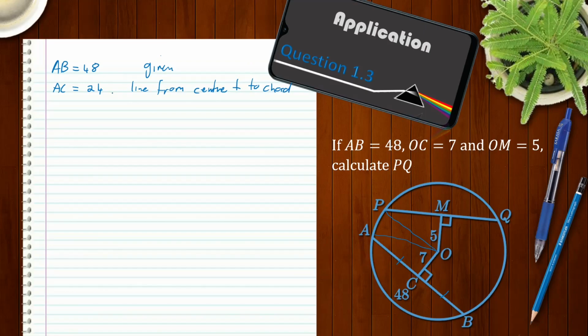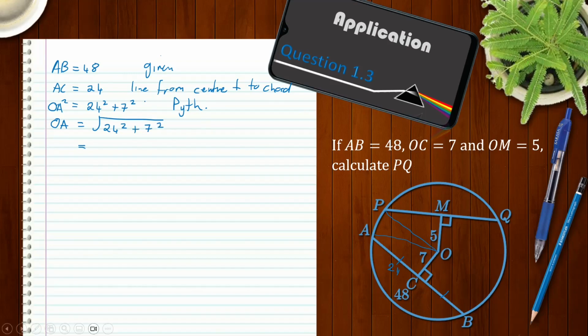All right, and then if we know that this is 24, we can use Pythagoras to find OA, and OA is the hypotenuse, so OA squared is equal to 24 squared plus 7 squared, and this is the Pythagoras theorem. And then we can just square root both sides, so OA is equal to the square root of 24 squared plus 7 squared.